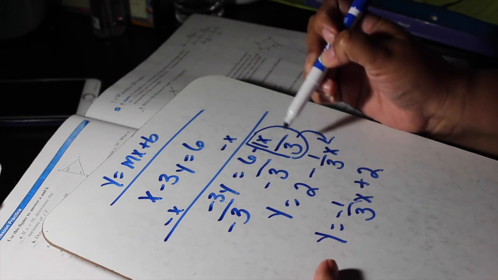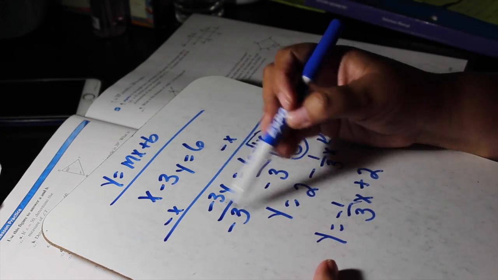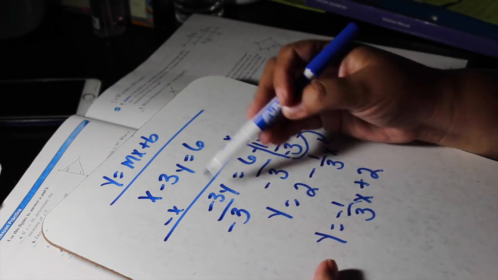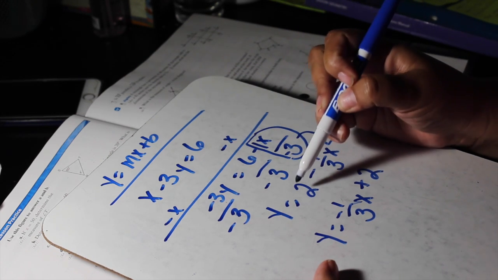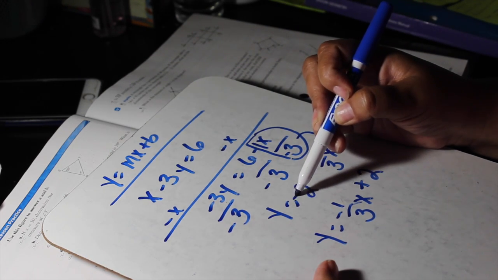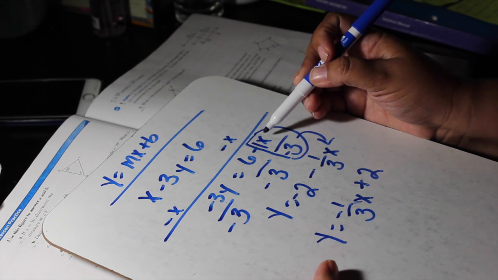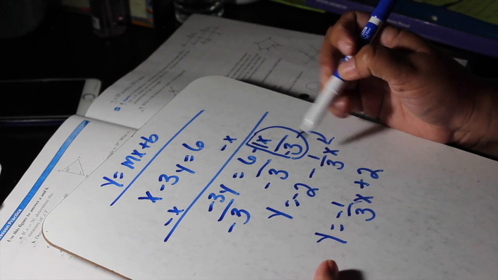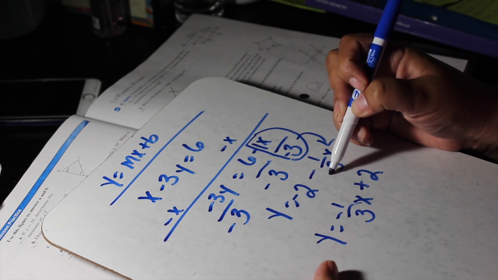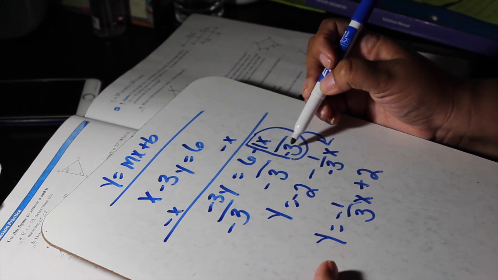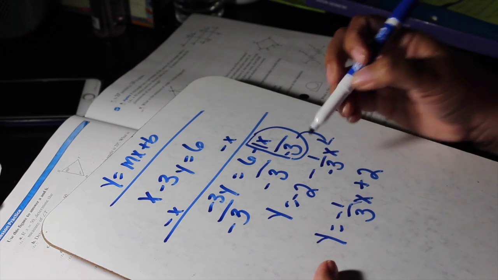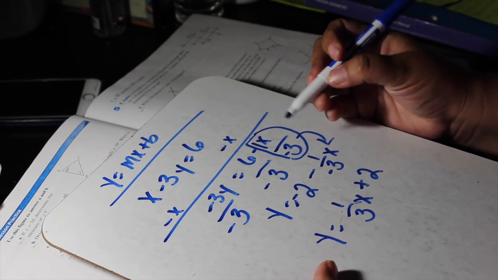So this should have been a -3 over here as well, because I had to get rid of this -3. It had to be a +1. So this is actually -2 over here. And this was already a -x. So this actually becomes positive. So it's positive, sorry.